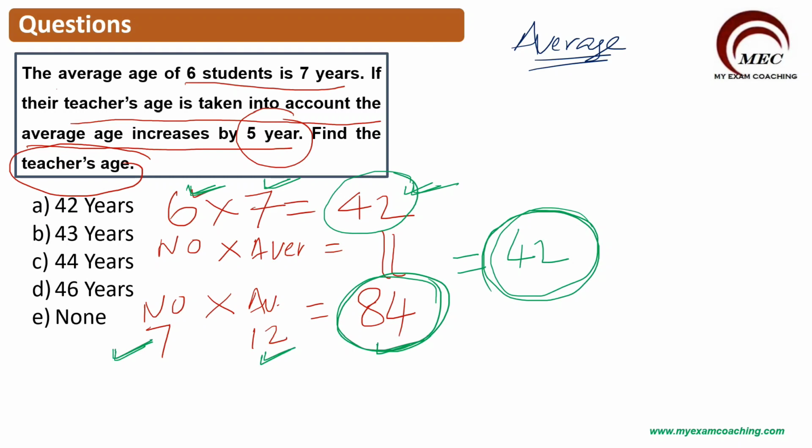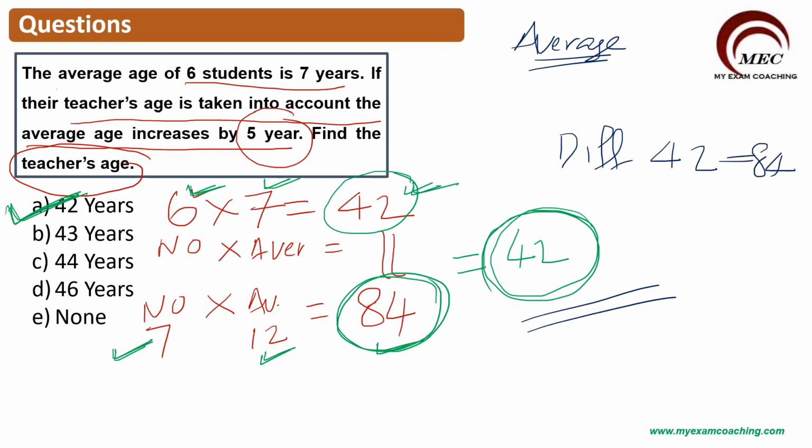Accordingly, you can find the correct option, and the correct option is 42, option A. So we can mark option A as the correct option. You find the difference of 42 and 84, and you will get the answer. What is 42? 42 is the total number of students multiplied by the average.